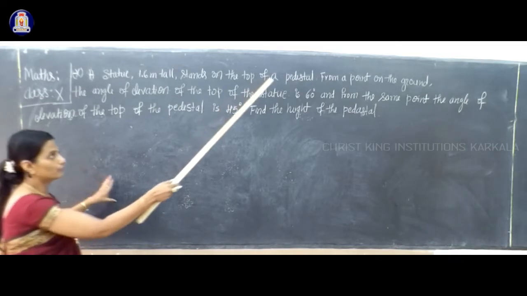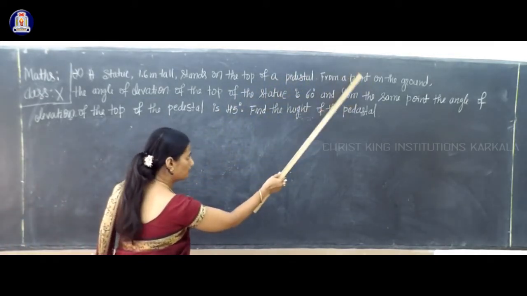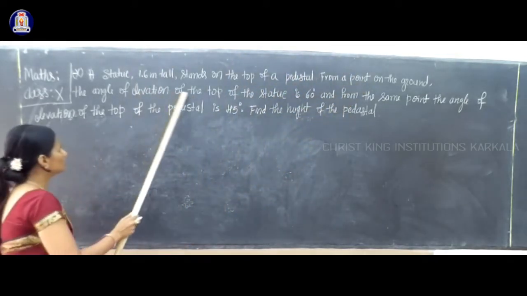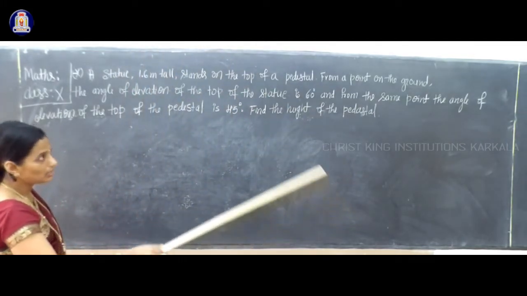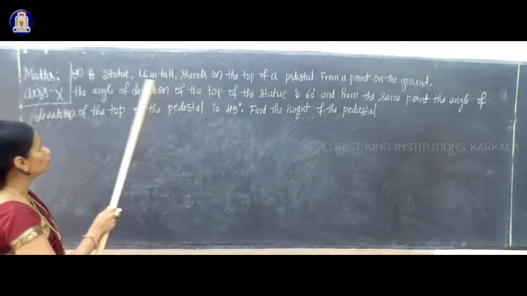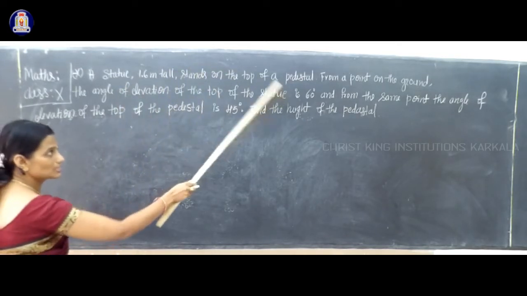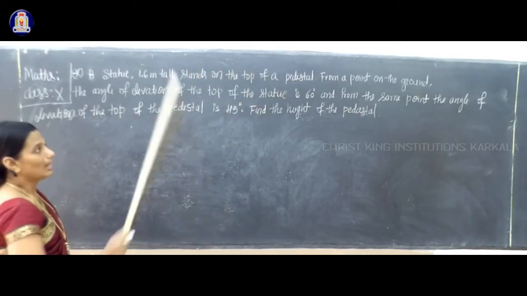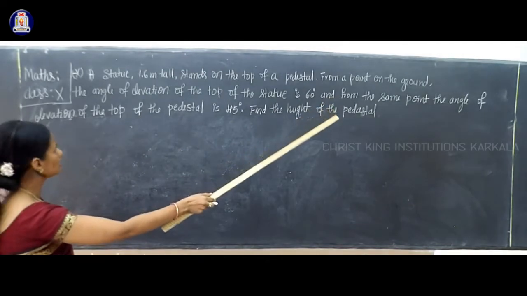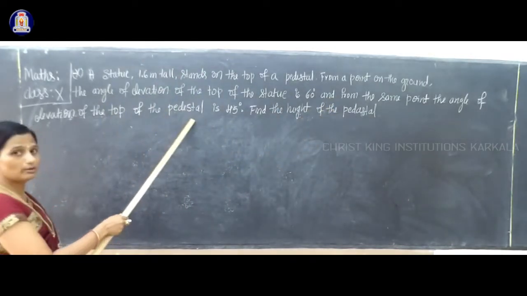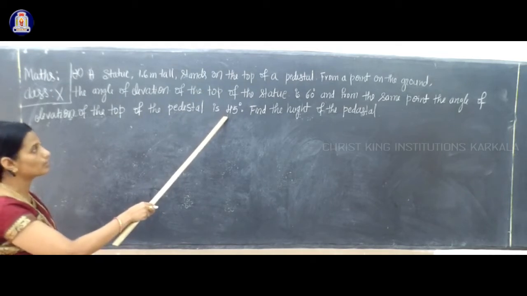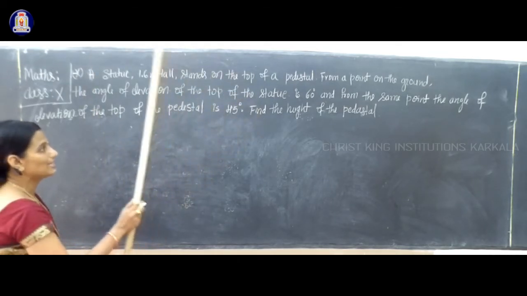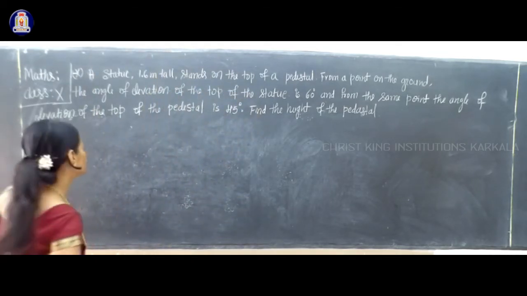From the point to the top of the statue, the angle of elevation is 60 degree, and from the point to the top of the pedestal, the angle of elevation is 45 degree. So find the height of the pedestal.